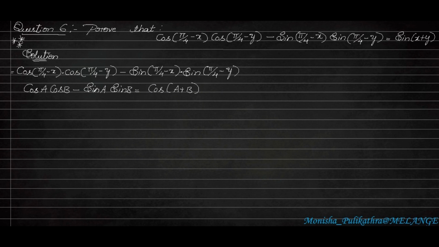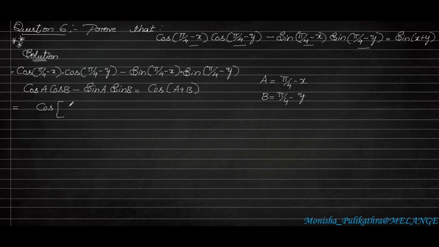Here, instead of A and B, they have given A equal to pi by 4 minus x and B equal to pi by 4 minus y. The question is in the form of this formula, so we can convert it into cos(A plus B).